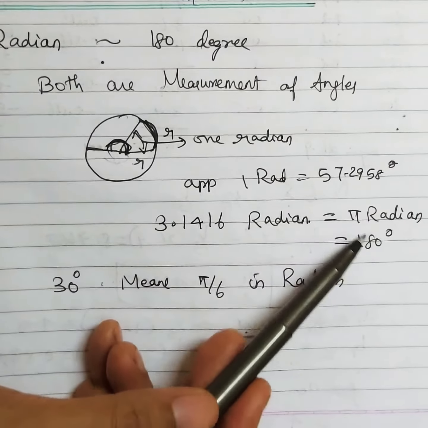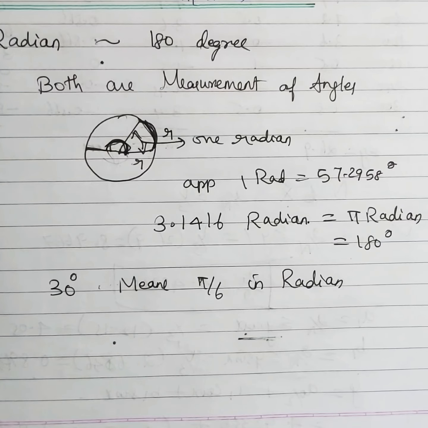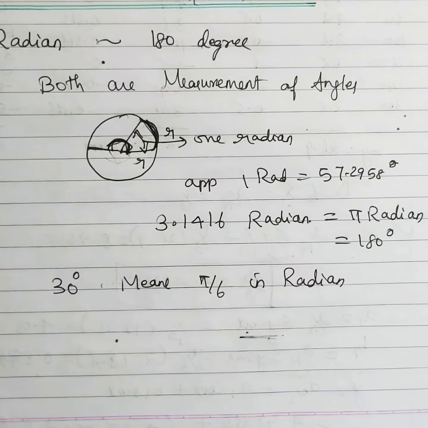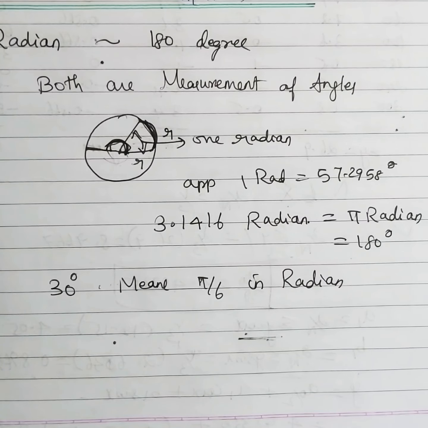So pi radian is nothing but 180 degree. So 30 degree means pi by 6 in radian. Since in your problem they have given degrees, you have to be careful when you are solving the problem to keep it in degree mode. So the problem is very simple. You are just going to apply the formula and find the value, but try to understand the difference between radian and degree. Thank you.